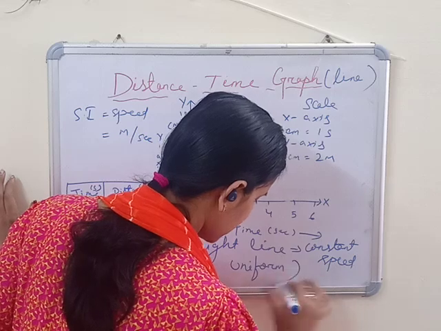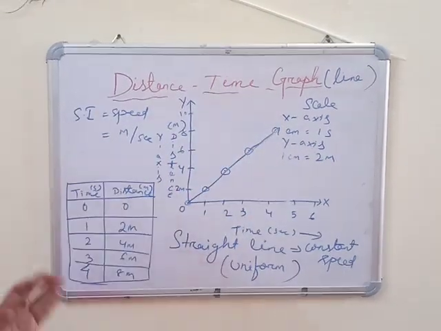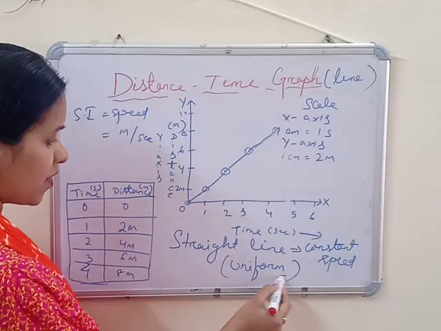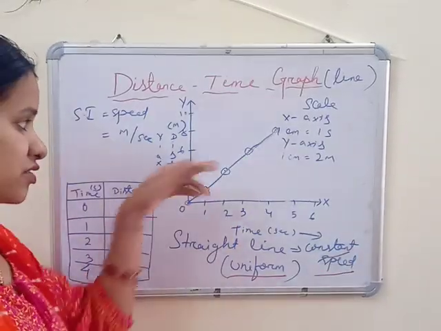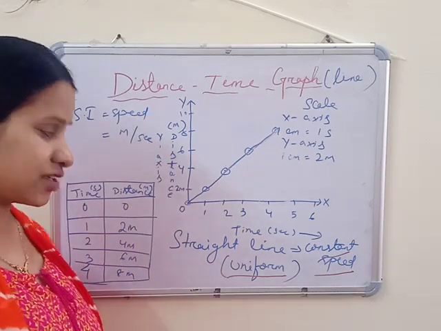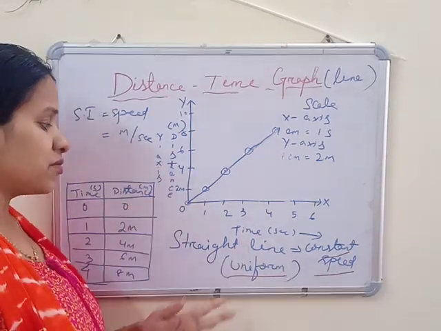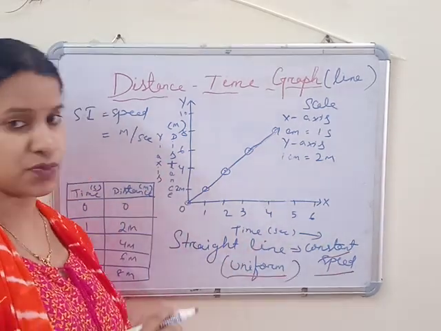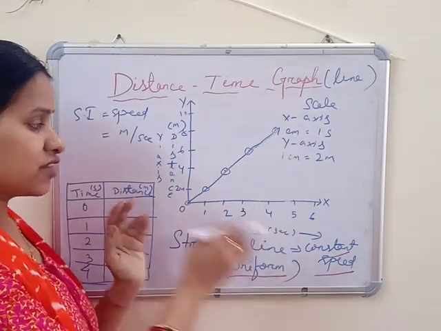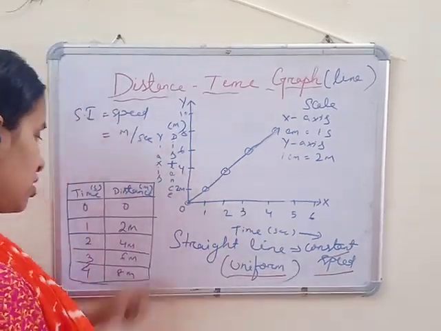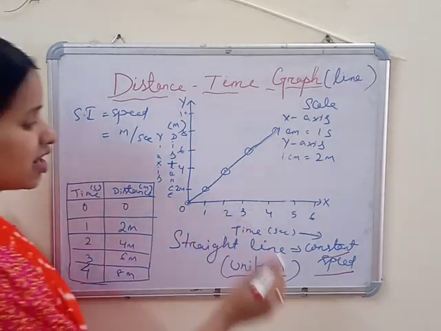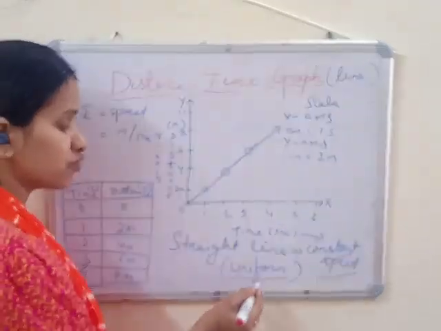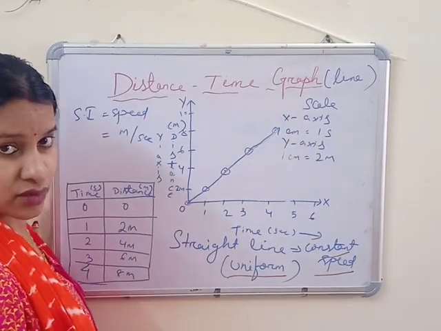From the graph that is given to you, if you can see that it is a straight line, then there only you confirm it is a uniform or constant speed. Whatever the object, if a car is moving, this is the data given for a moving car. So the car is at constant speed or uniform speed. We can say that.